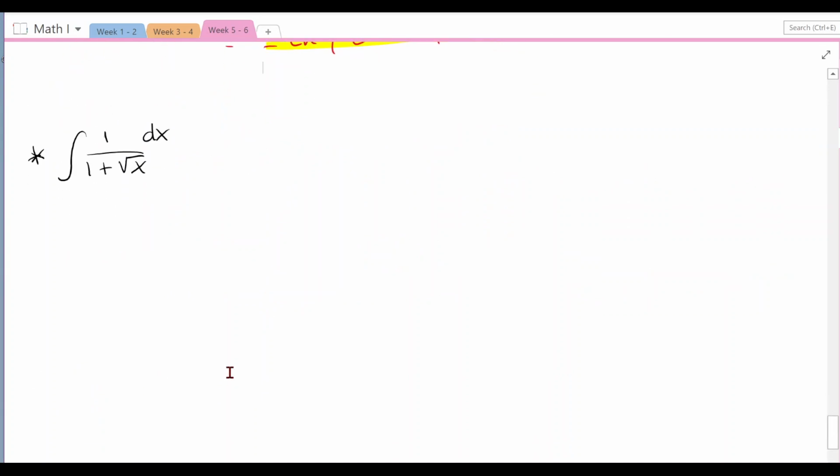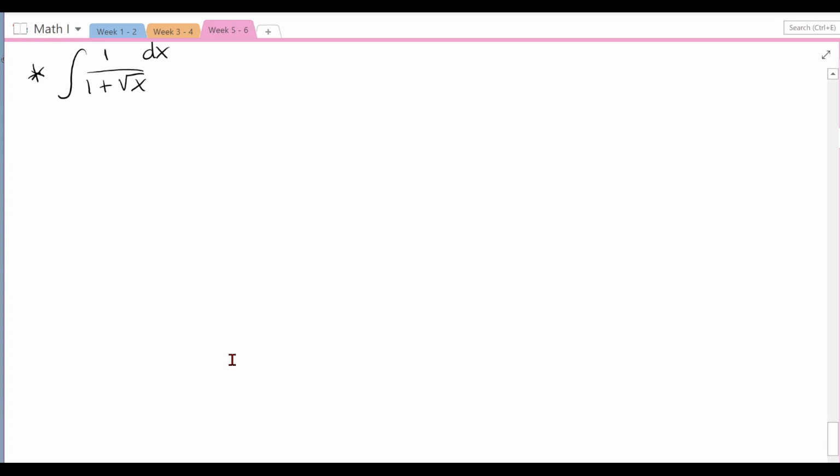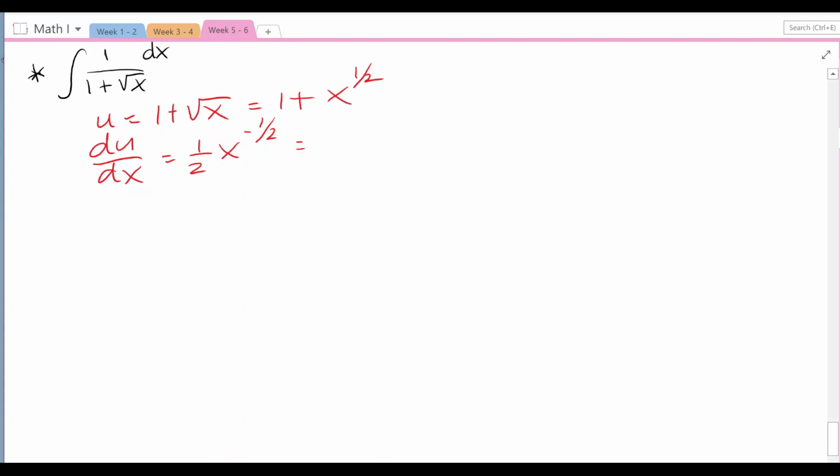So let's do another one. The integral of 1 over 1 plus square root of x dx. In this case, we can try to substitute u equals 1 plus square root of x, and the derivative of that with respect to x, which is the same as 1 plus x to the power of half, is simply half, since the derivative of 1 is 0, half times x to the power of negative half, or equals 1 over 2 square root of x.